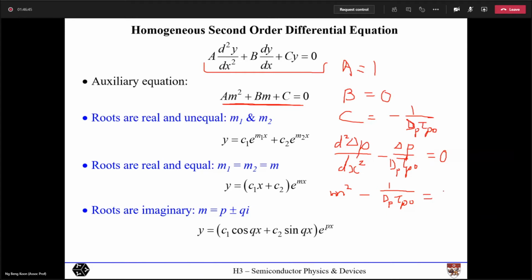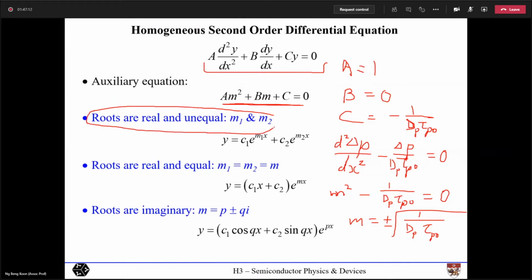That means for your m, in this case you don't have to use the formula because it's straightforward. You bring the value over, then take the square root, and m is plus minus, because it's a square term on the left hand side, plus minus square root of 1 over D_p tau p naught. So this falls under the first scenario, where the roots are real. There's no square root of minus 1.